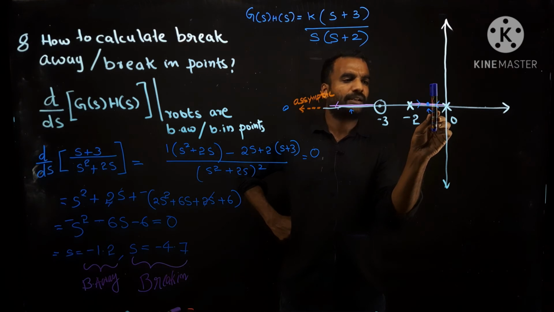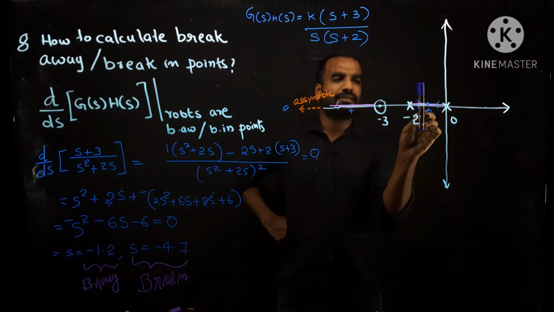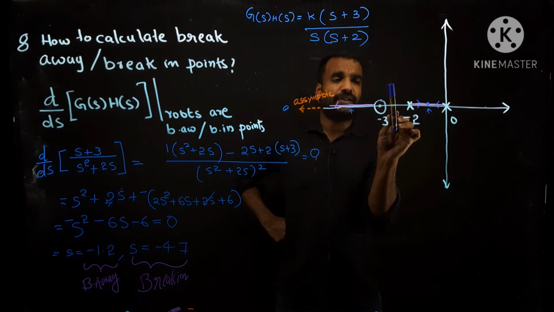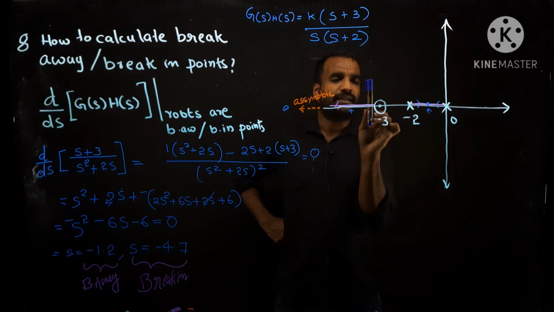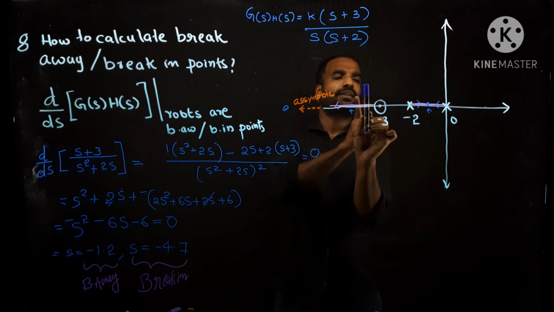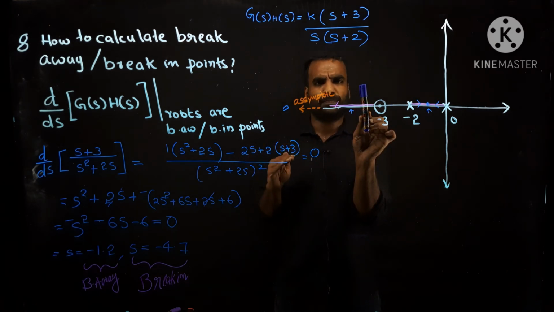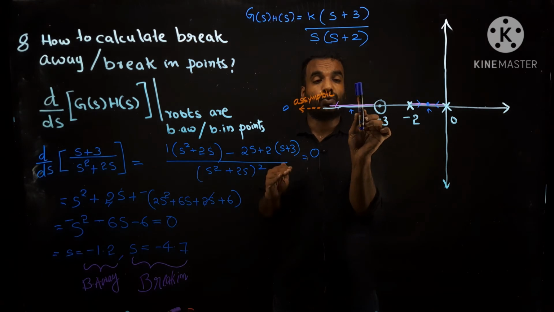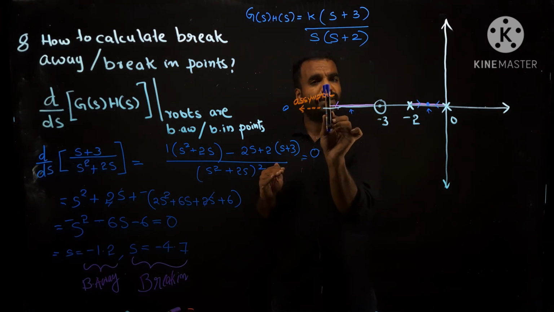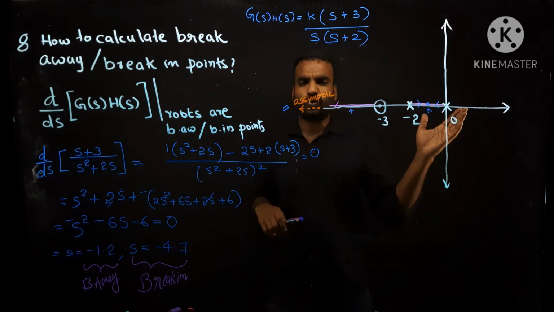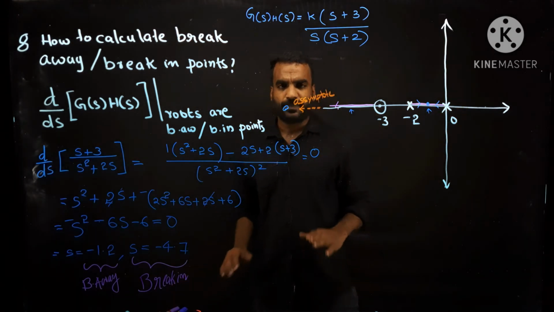Towards the right side, how many poles are there? Only one pole. So root locus exists in between this. And after that, towards the right side, how many poles exist? 2. It's an even number, so root locus will not exist. Then take this section. Towards the right side, 1, 2, 3 poles. It is an odd number, so root locus exists. Up to infinity, if you check any section, it will be the same. So root locus exists up to infinity.